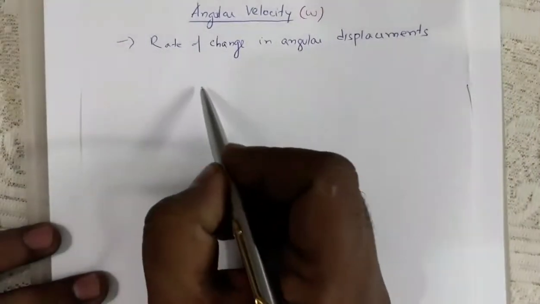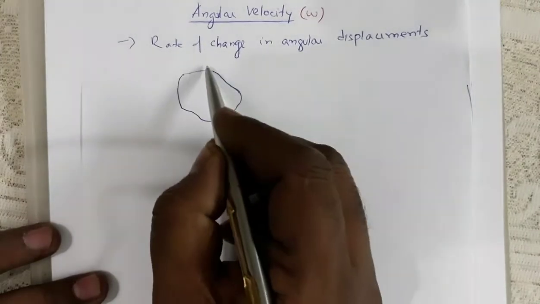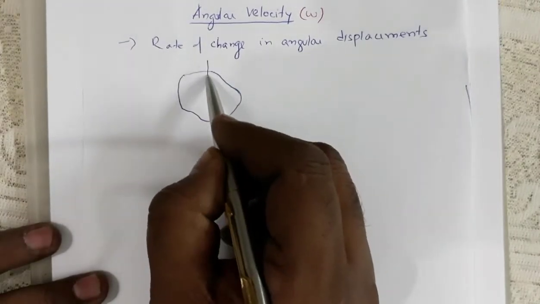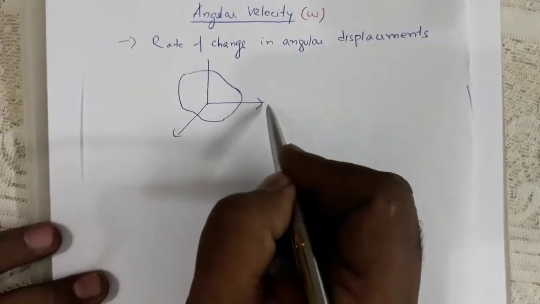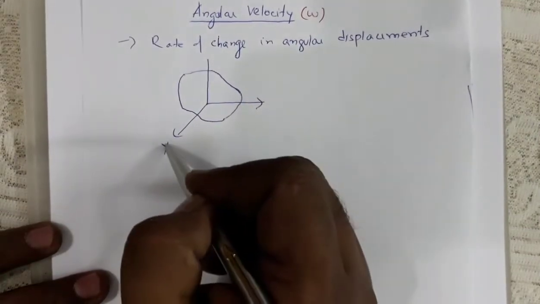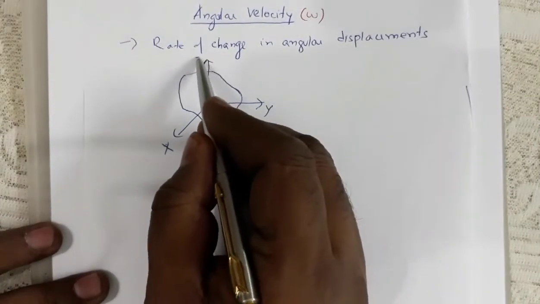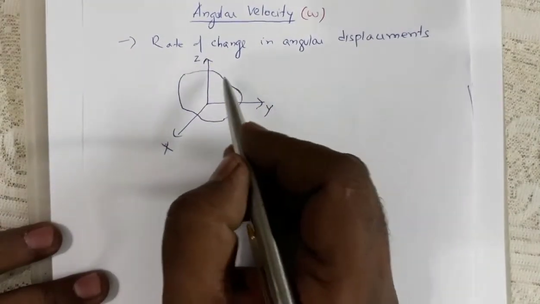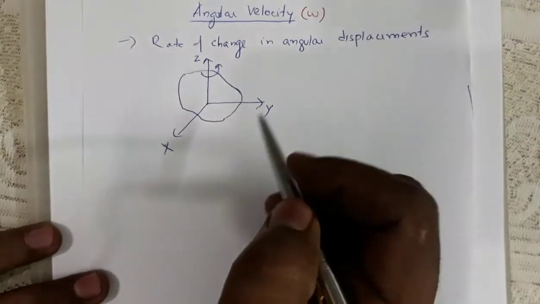Now say for some rigid body, and say this is the Cartesian coordinate system, this is the x-axis, this is the y-axis, and this is the z-axis, and this body is rotating about the z-axis.